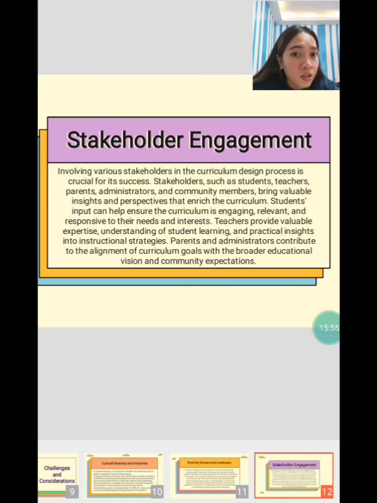Parents and administrators contribute to the alignment of curriculum goals with the broader educational vision and community expectations. So, engaging stakeholders fosters a sense of ownership, collaboration, and shared responsibility for the curriculum, increasing its effectiveness in implementation.